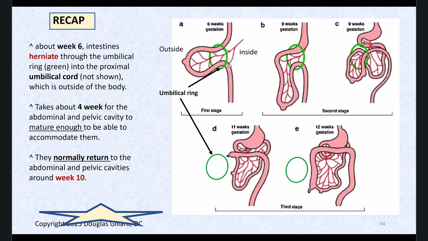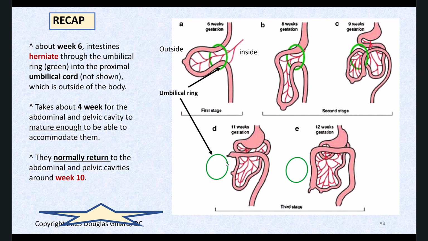And here's a recap of intestinal growth. So about week 6, there's the umbilical ring in green. The intestines are growing faster than the abdominal cavity, and they grow on the outside. And here they're really growing on the outside. And there's a twist that occurs. Great. By week 10 and week 11 for sure, but week 10 they start going back through the umbilical ring.